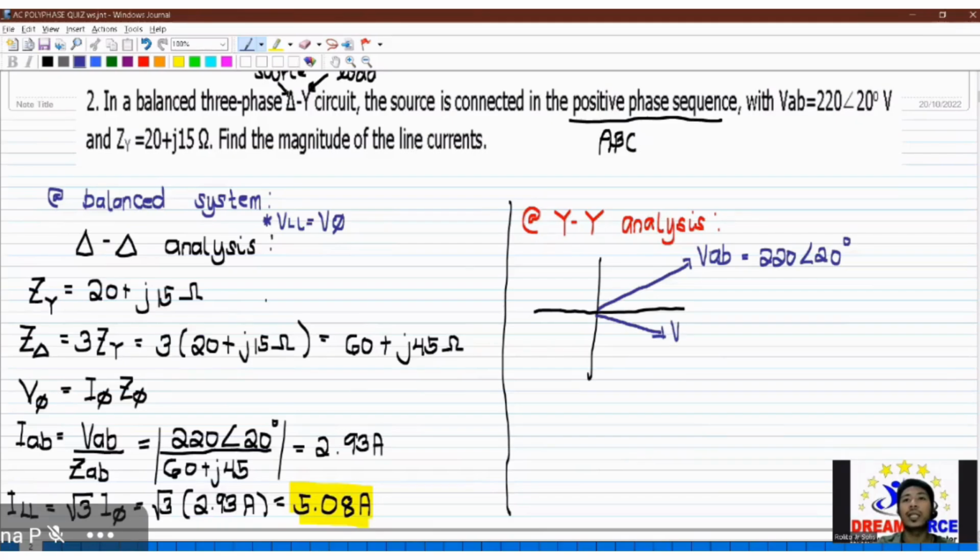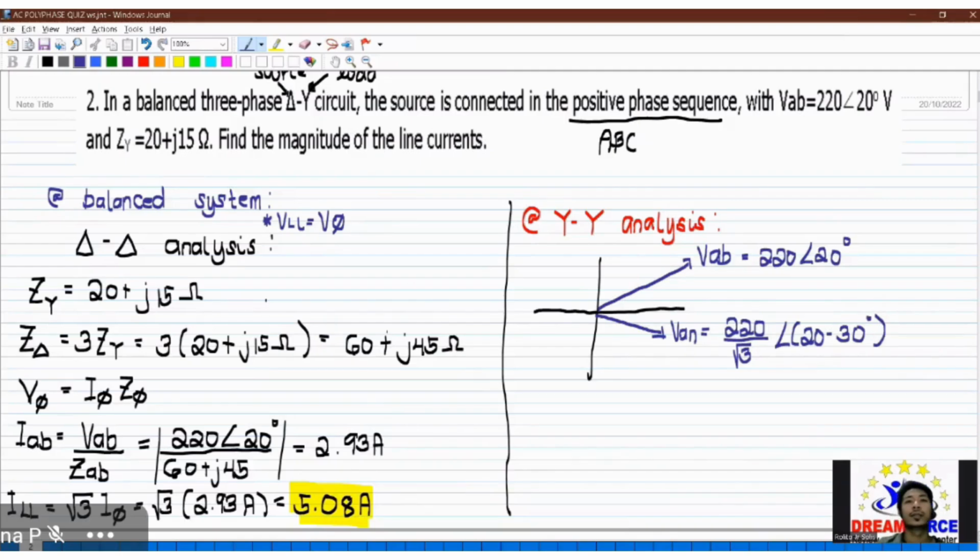The corresponding phase of our line VAB would be VAN. So we divide the magnitude by the square root of 3 and subtract 30 degrees from the angle. That is our corresponding phase value.